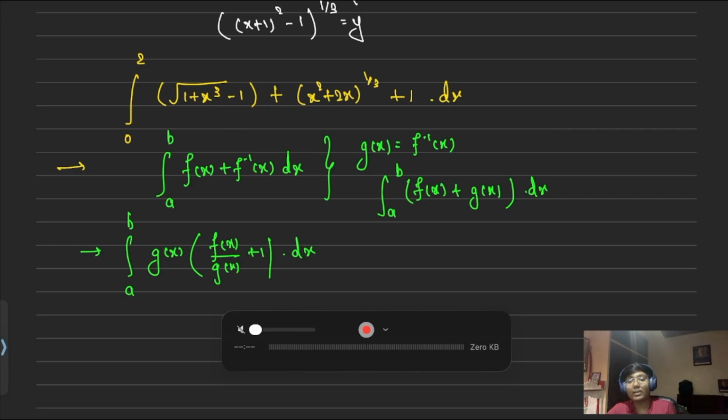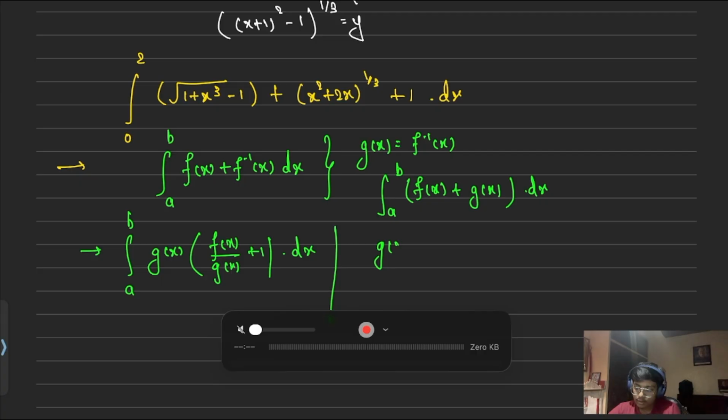Now the step that follows is quite important and crucial, and it is the step where most students who aren't able to solve this type of problem get stuck. We know that g(x) is f inverse(x), so we already know that f of g(x) is x.